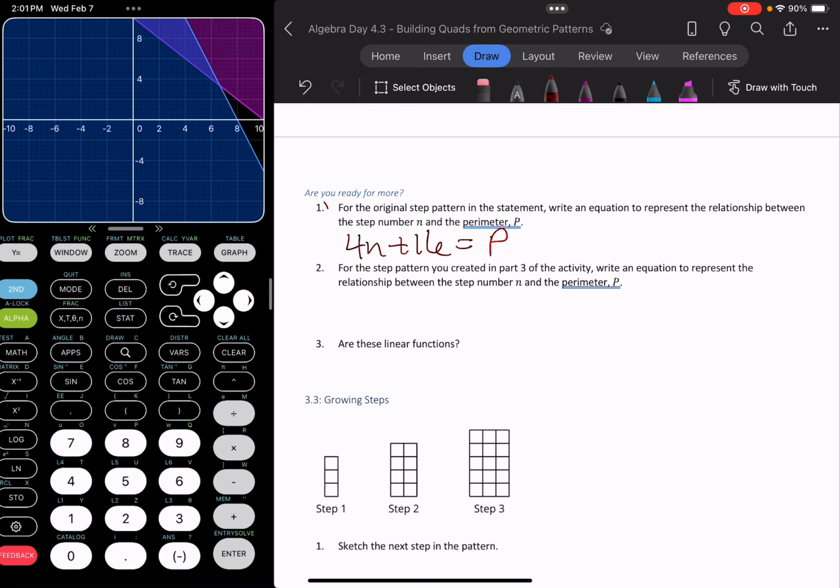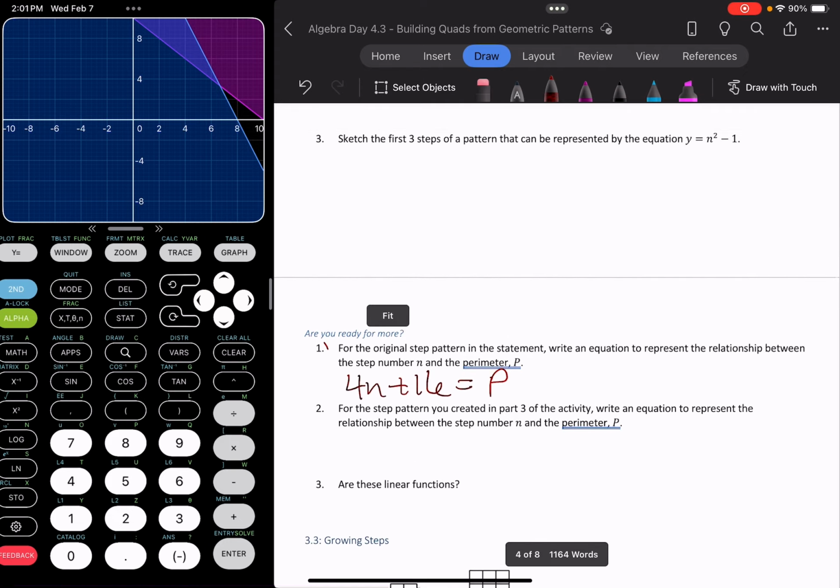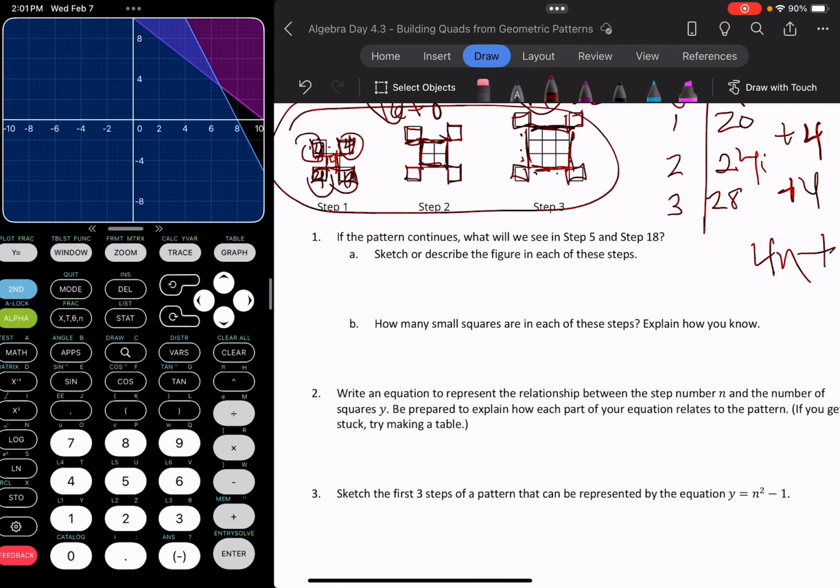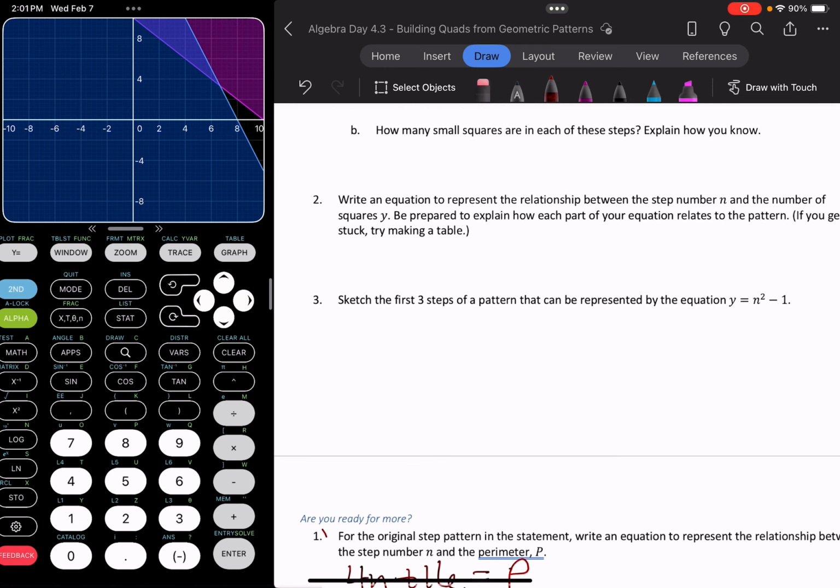It says for the step pattern you created in part 3 of the activity, write an equation to represent the step number and the perimeter. So here in number 3, if we're creating this pattern here, we're doing, let's say 1, 2, 3. So 1 times itself is 1 minus 1 is 0.